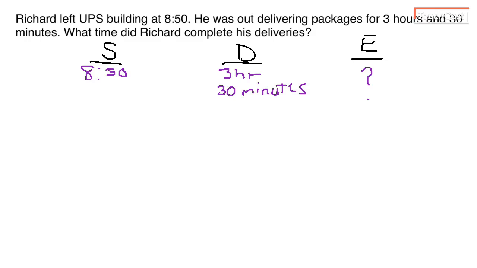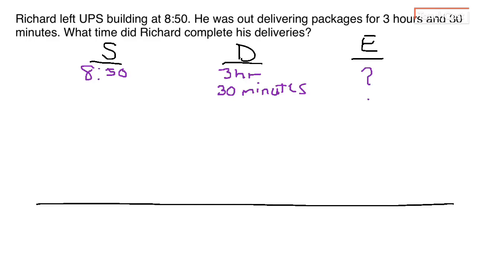The next thing that we're going to need to do is make our number line. So I'm going to make it nice and long. And the first number that I'm going to put is where he started, which was at 8:50. Okay? So we wrote down our start time. Next we need to look at our duration.